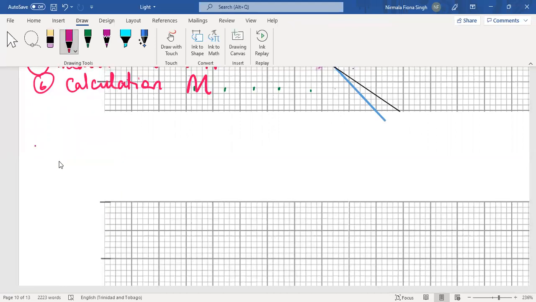All right, so suppose I have u is equal to 25, F is equal to 10, and H is equal to 20 cm.